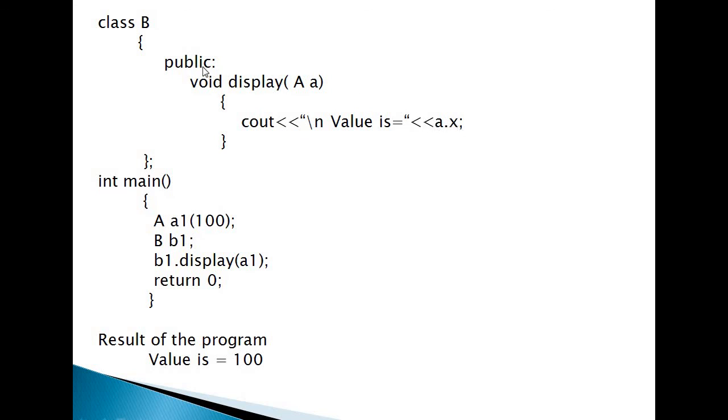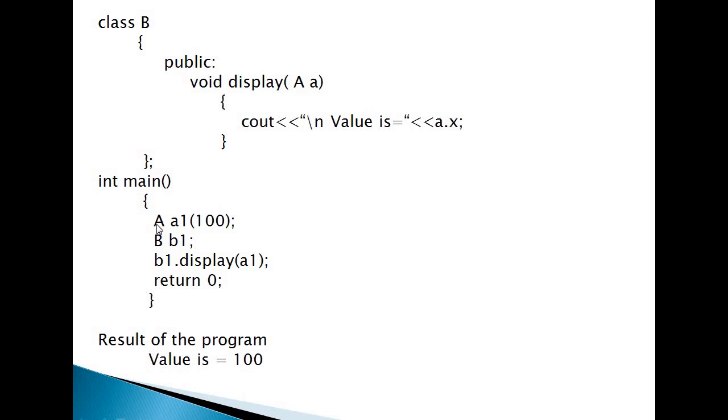So it is accessible. If class B is not a friend of A, then we cannot do this. This would not be accessible. But as class B is a friend of A, we can access the object of A as well as the data members of A.